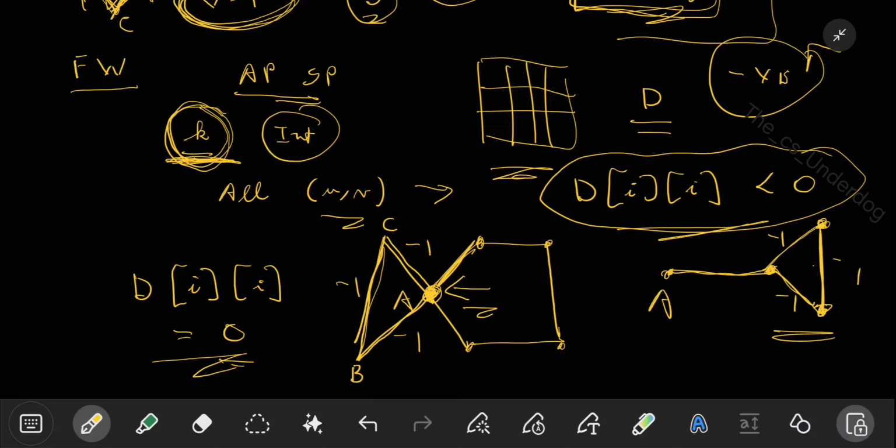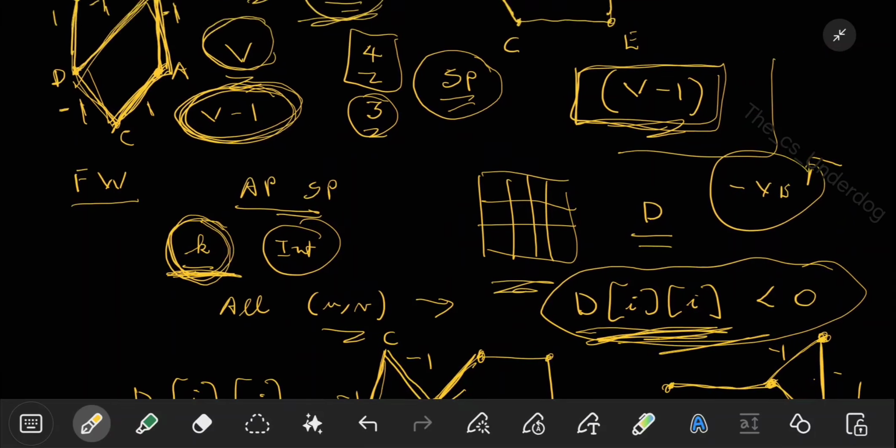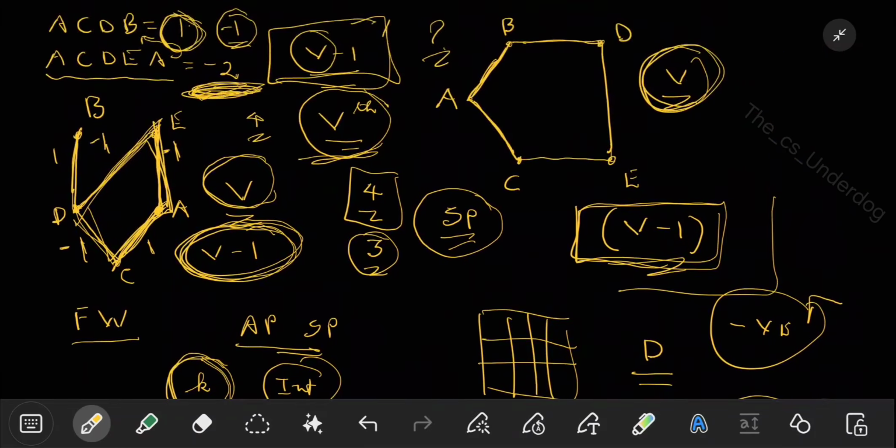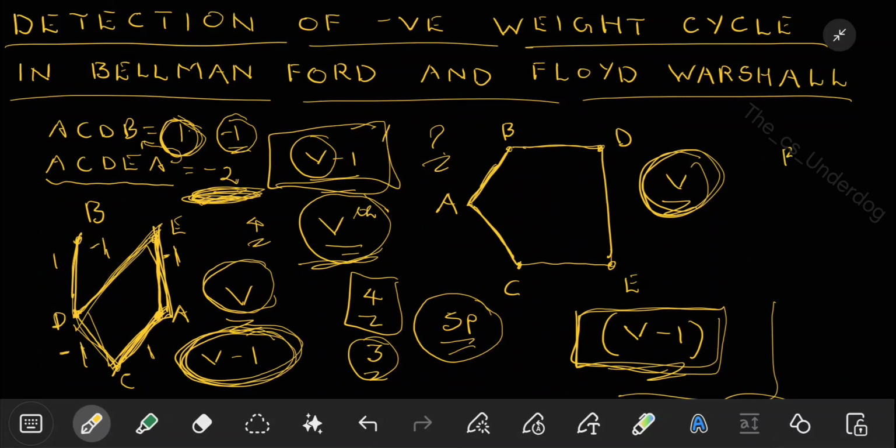For that vertex, surely the distance from that vertex to itself will be lesser than 0 in the final output of distance matrix of Floyd Warshall algorithm. This is the logic that we use in Floyd Warshall algorithm in order to detect negative weight cycle. So this I just wanted to give you clarity on the difference in logic that we are using in order to identify negative weight cycle in Bellman Ford algorithm versus what we are doing in Floyd Warshall algorithm.